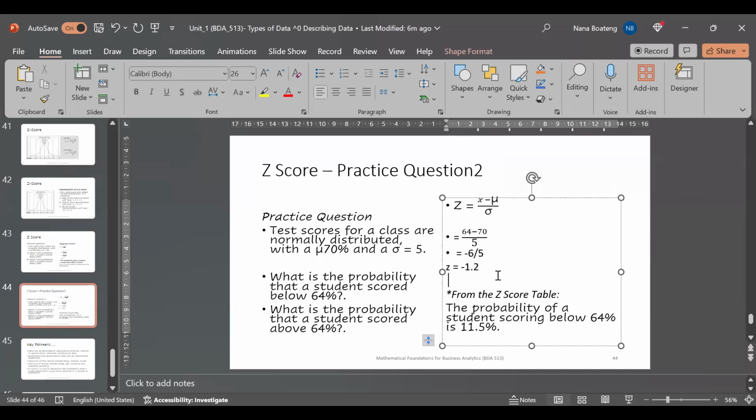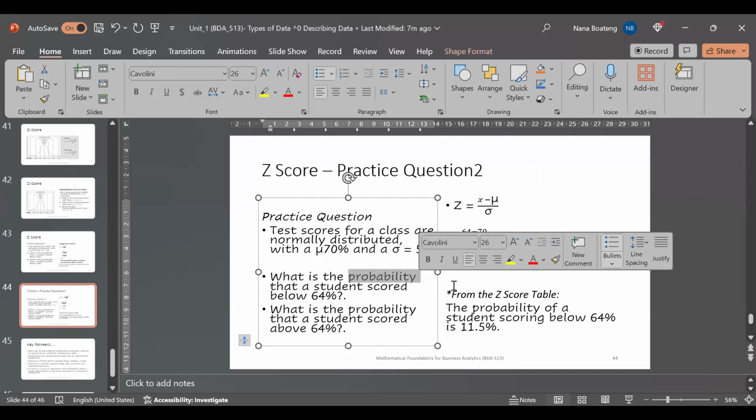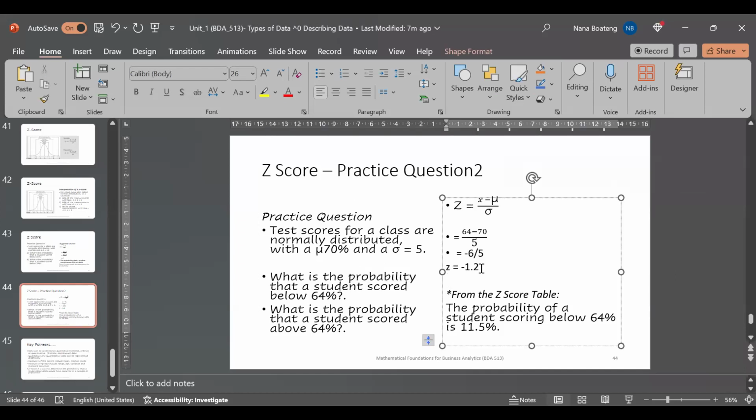But this does not give us what the question was about, the probability. So it's the Z-score that gives us the probability for each Z-score. It converts this Z-score into probabilities, so to speak. So that's why we are using the table. You go to the Z-score table and look for where negative 1.2 is. It will give you the corresponding percentage in terms of probabilities.